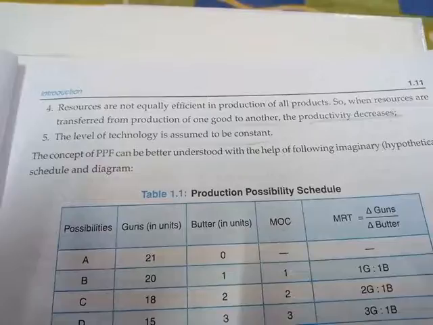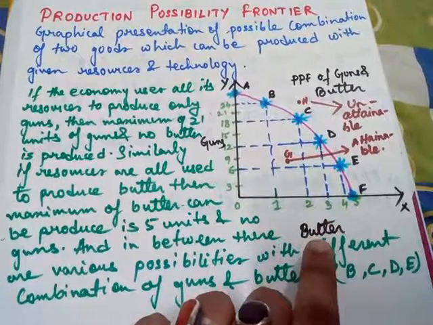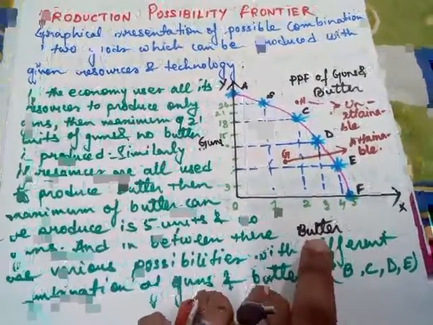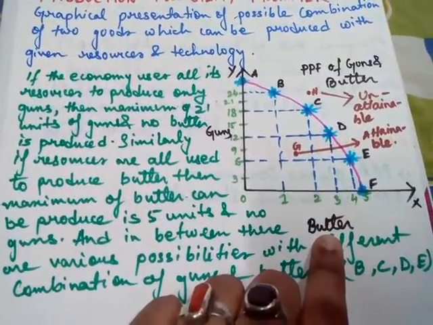By hearing all these five assumptions, now we will go directly to the diagram. See, I have drawn a diagram for you, that is the production possibility curve. What is written here, see, in the y-axis I am measuring gun, and in the x-axis I am measuring butter. As I have told you that you are producing two goods, gun and butter, and you are the producer.